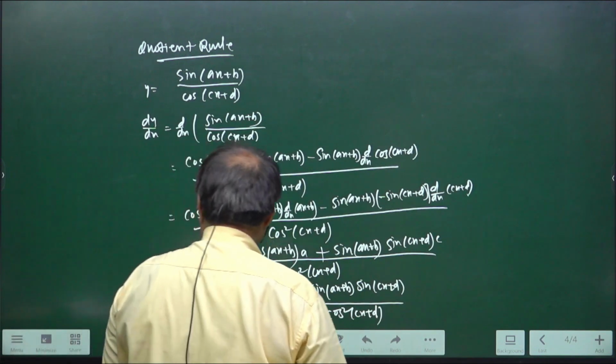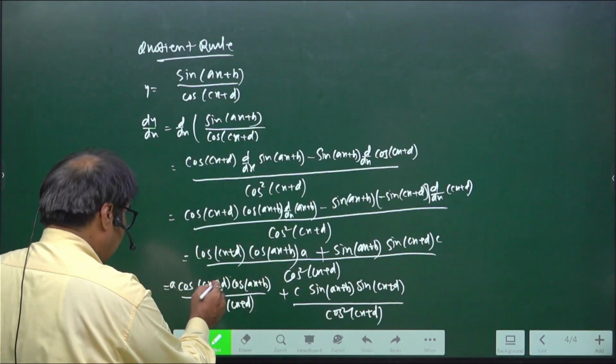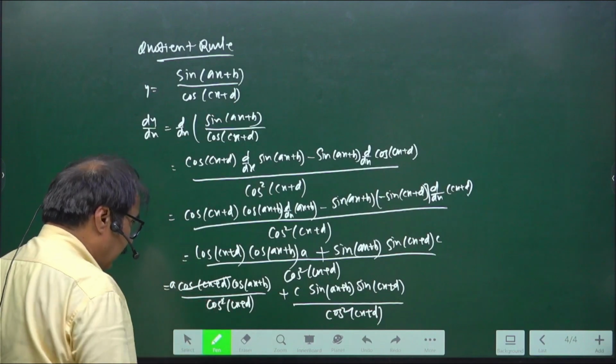So cos of cx plus d, and we square this, we cancel out.